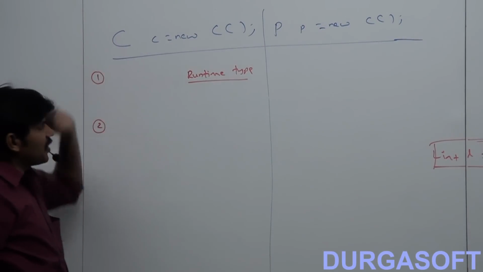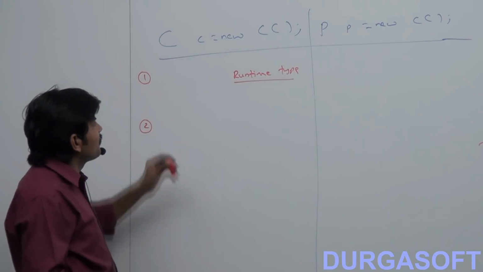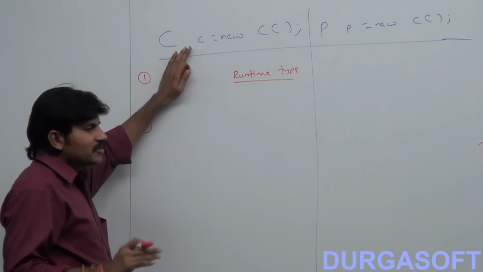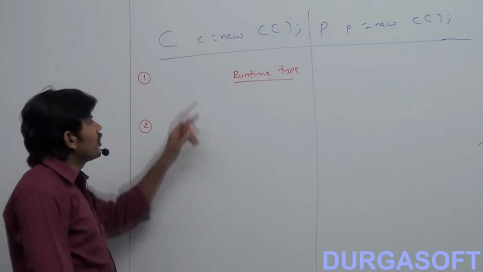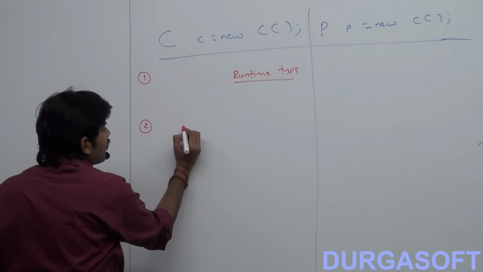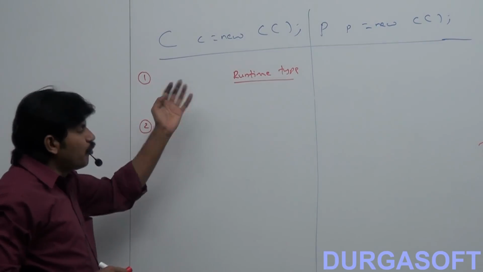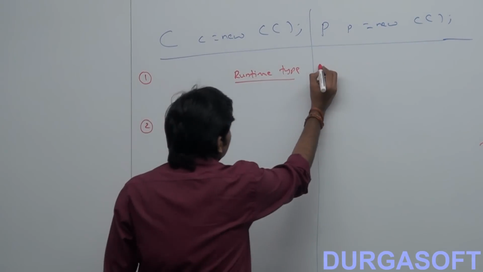Now see this one. If I use a child reference, there is one advantage. What is the advantage? All methods present in the child class and present in the parent class, we are able to call on this child reference. So on the child reference, we can call both the parent and child class methods, right? But yeah, there is one problem.